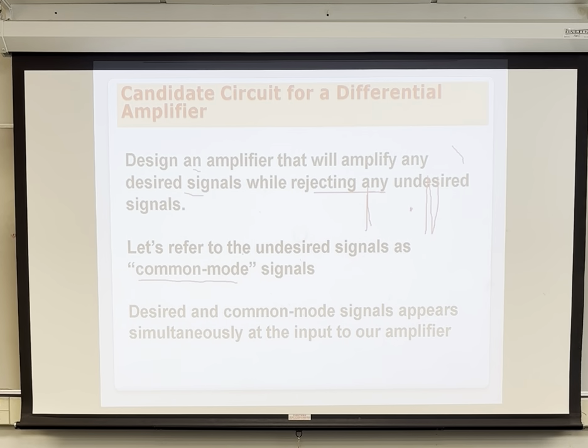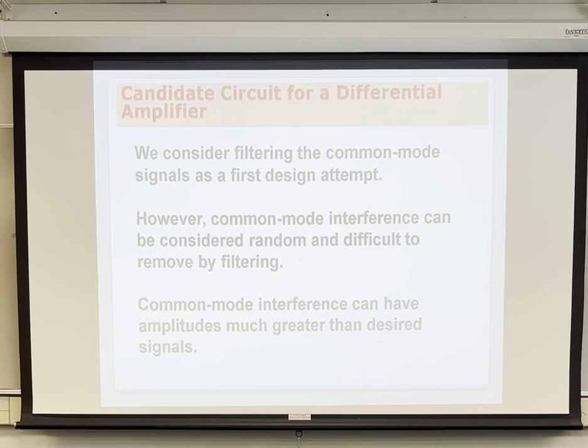So this circuit is only using resistors. The undesired will be common mode signals, and the desired and the common mode appear simultaneously at the input to this amplifier. You might consider filtering the common mode.